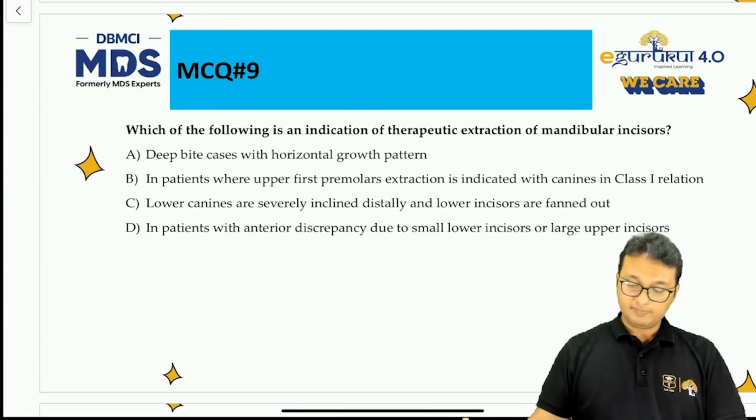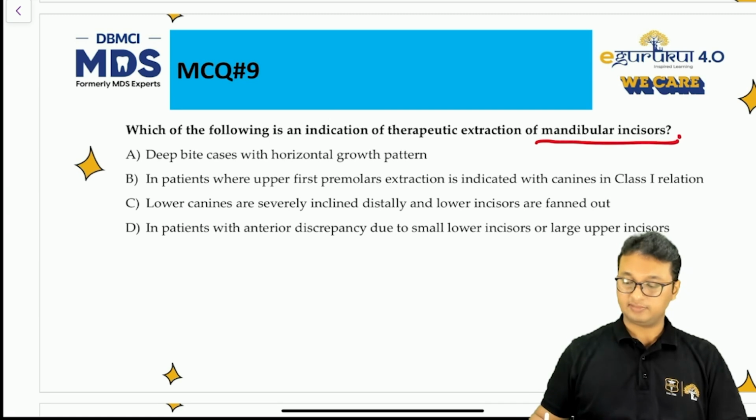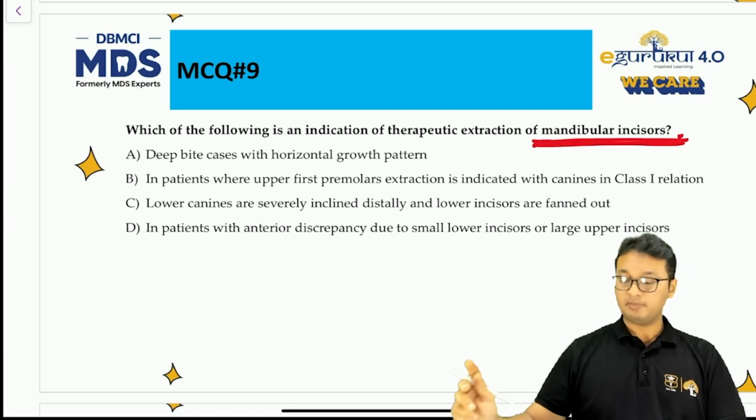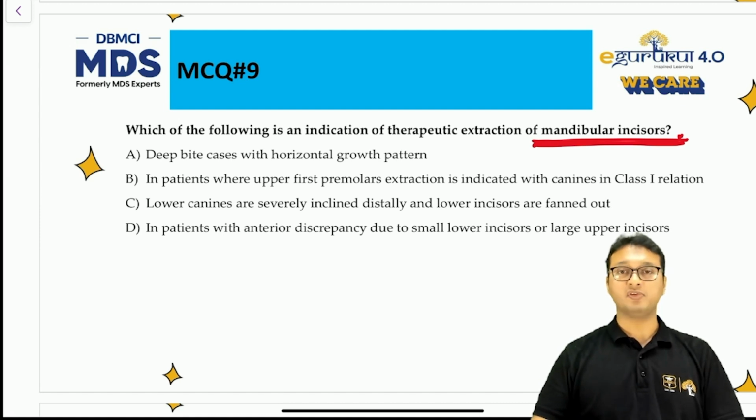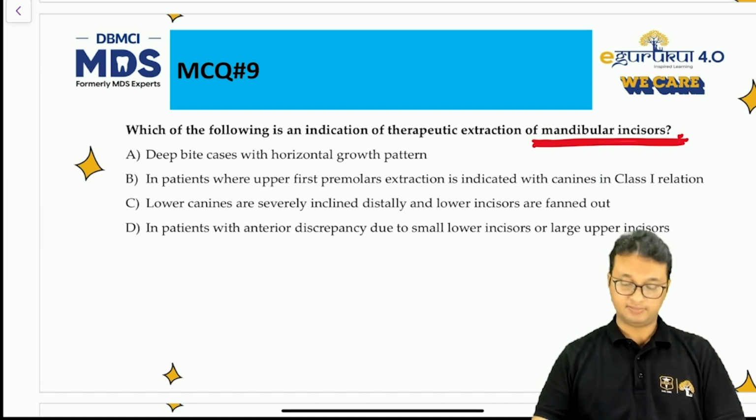Our question number 9. Which of the following is an indication of therapeutic extraction of mandibular incisors? Just remember what can be the reasons for extraction of mandibular incisors. We don't extract them so often, but if we are left with no choice, then we may have to resort to extraction of the mandibular incisors.